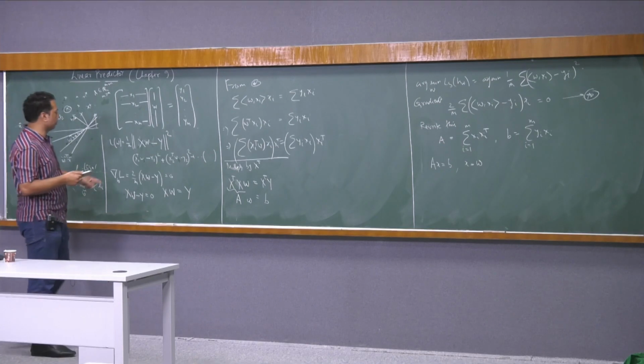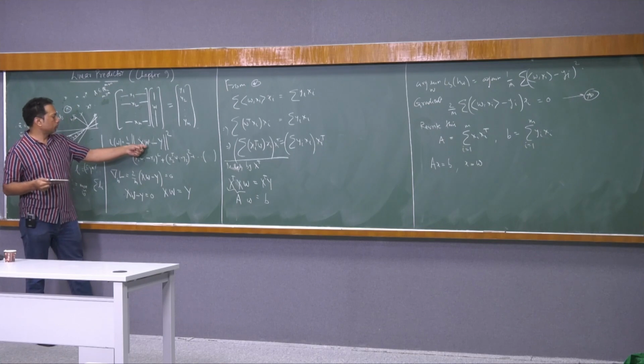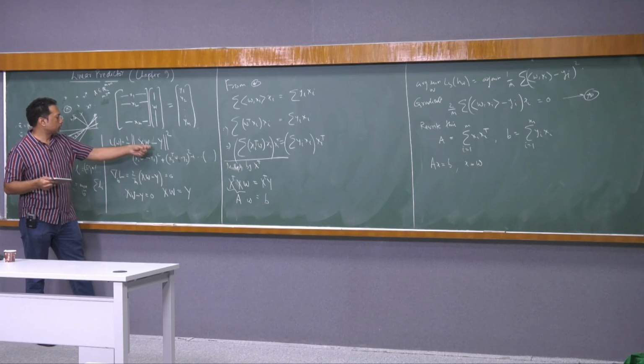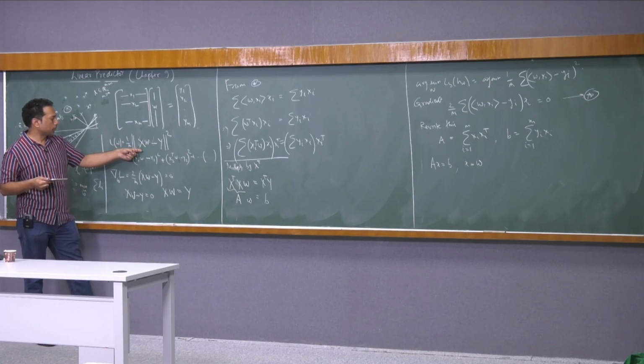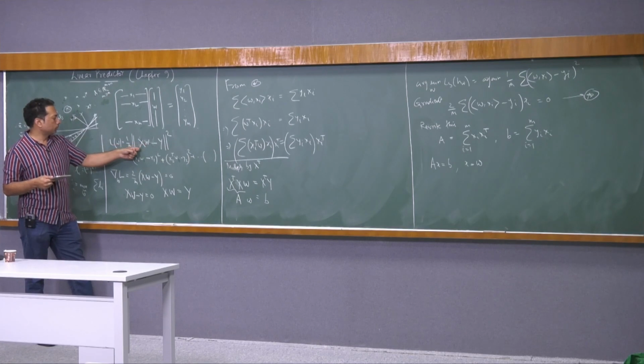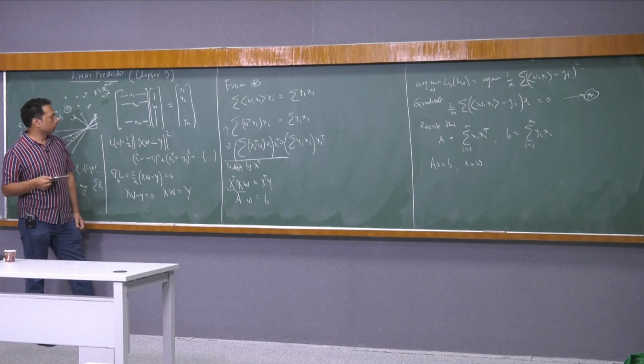There may not exist a w for which this becomes 0, but there may exist a w for which this is a minimum. So least square says just give me the minimum.